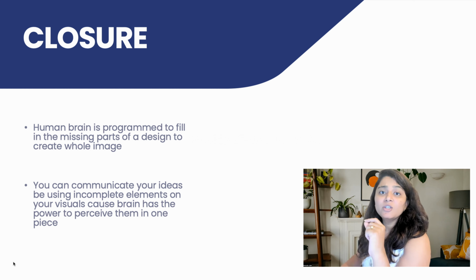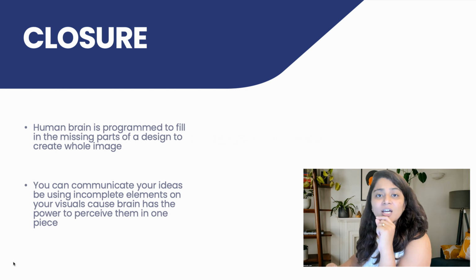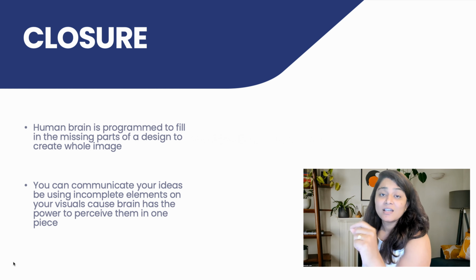Closed. The human brain is such a powerful machine. It's designed in such a beautiful way that it is able to create closures even when they are not very defined. So even when there are no boundaries around things, human brain can comprehend and create boundaries around it.